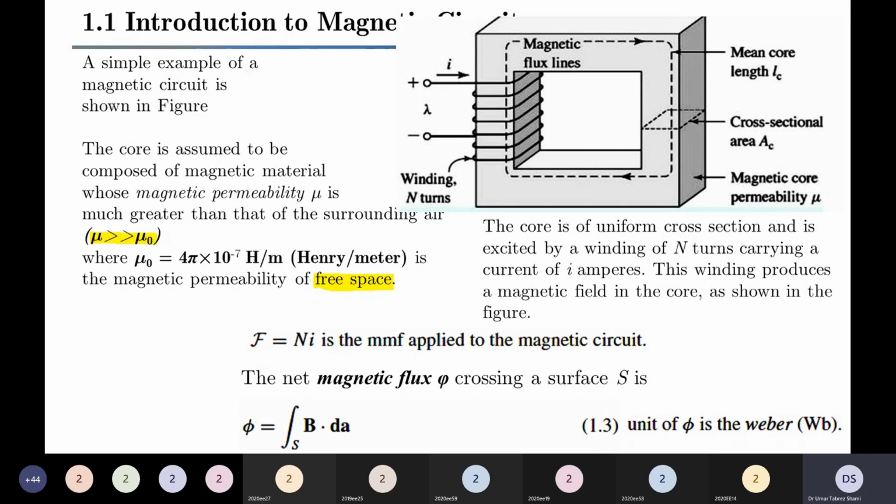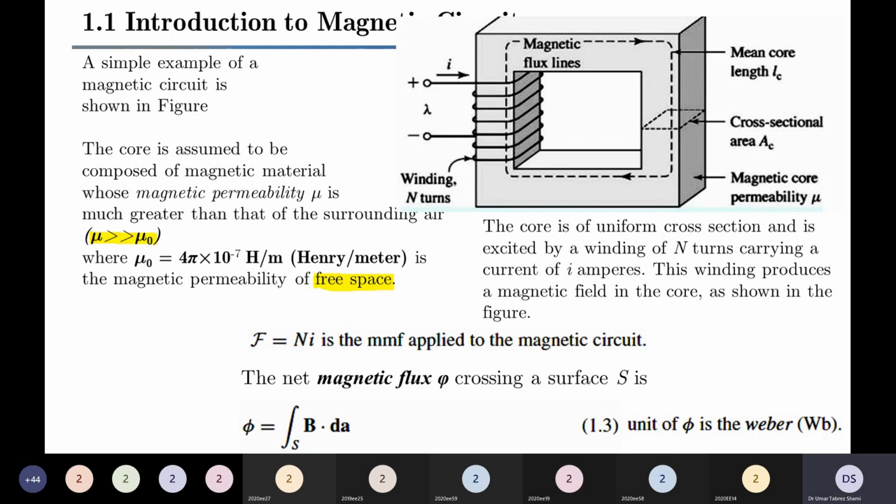The value of flux will be found by considering the level of permeability of the magnetic material. If the permeability is high, then we will have high flux. If the permeability is less, then we will have less flux.